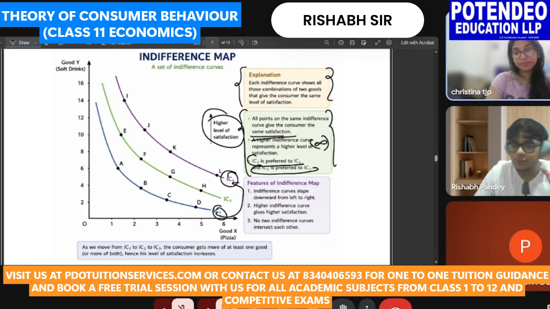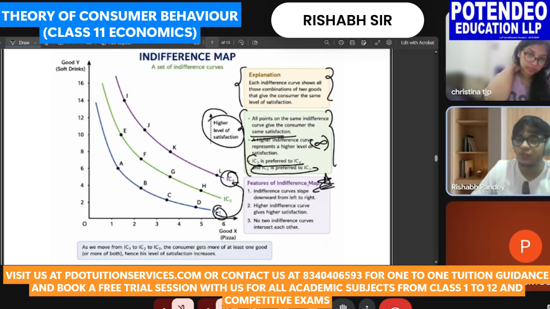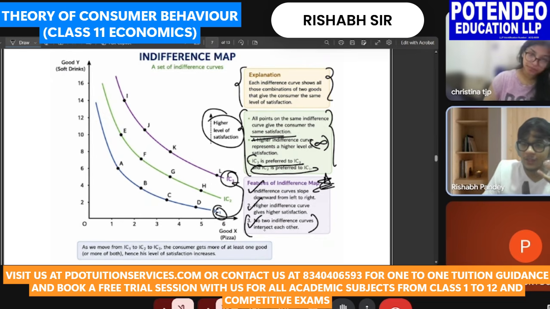Now, write this box down, a very important box. What are the features of the indifference map? The indifference curve slopes downward from left to right. We already know that. A higher indifference curve gives higher satisfaction. And see this line, very important: no two indifference curves are ever going to intersect each other. Let's say a samosa and a gulab jamun aren't going to give me the same satisfaction, so I can't intersect them. They have their own levels of satisfaction, right?